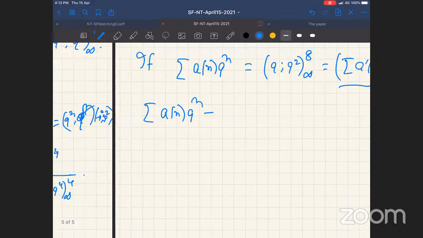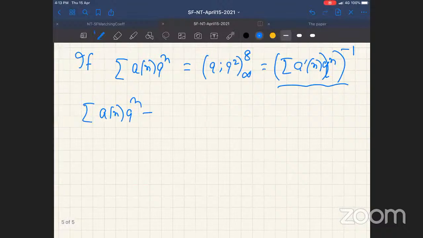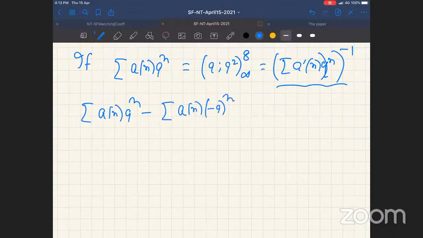So I have here Σ a(n)(−q)ⁿ, and that is equal to 16 Σ a′(n) q^(2n+1).